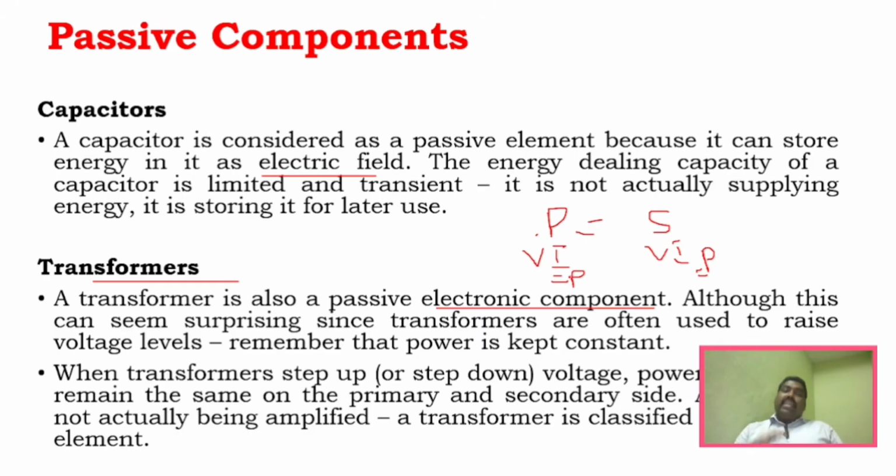That is why it is considered a passive component, whereas a transistor is considered an active component. That's because it increases the power. There will be a power gain, right? That is why it is called an active component.